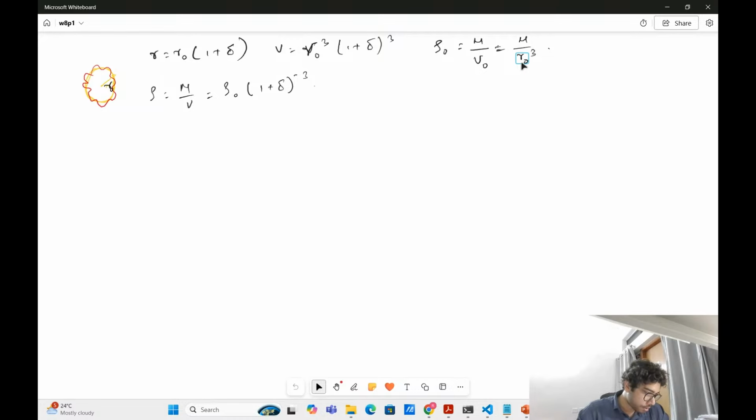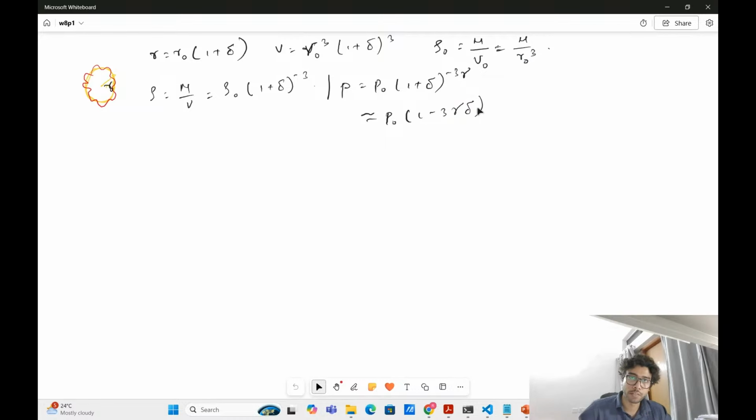Now, what about the pressure? So the pressure is P₀ times (1 + δ)^(-3γ), right? Which is equal to P₀ times (1 - 3γδ). So this is just doing binomial expansion up to first order.